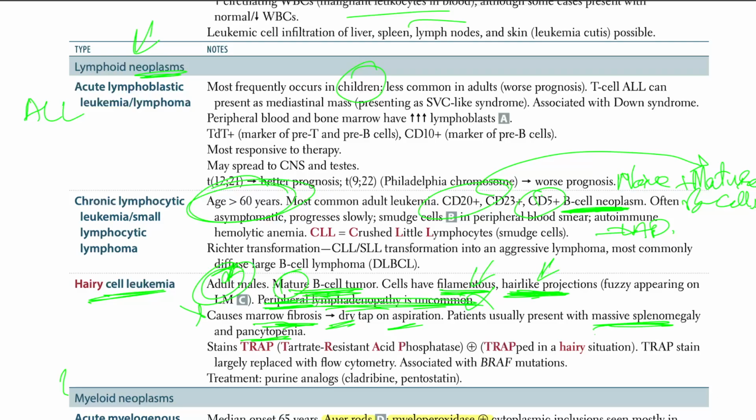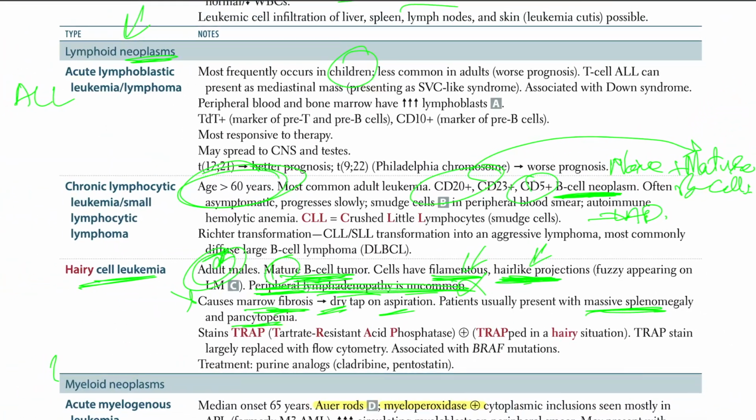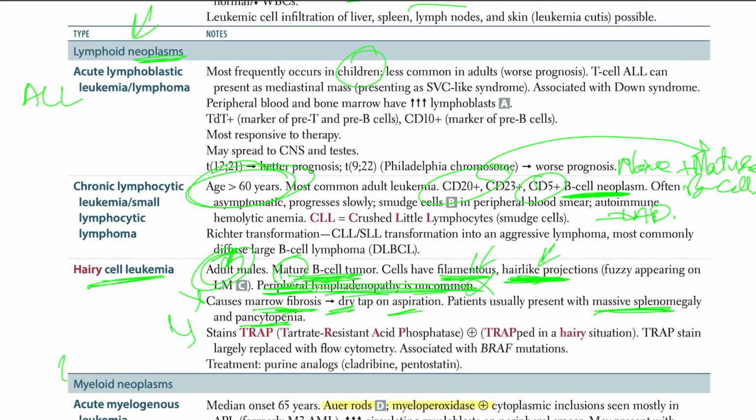That's another important point. And the stain is also important. It stains TRAP, which is tartrate-resistant acid phosphatase, positive.